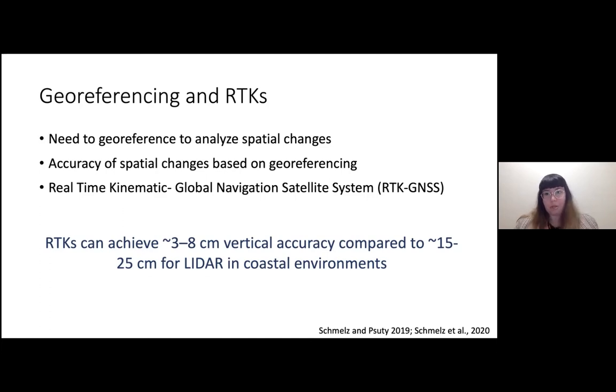Essentially, it's just a much more accurate form of GPS. RTKs can achieve 3 to 8 centimeter vertical accuracy compared to 15 to 25 centimeter vertical accuracy for LiDAR in coastal environments. So it's definitely even an upgrade from really expensive LiDAR systems.